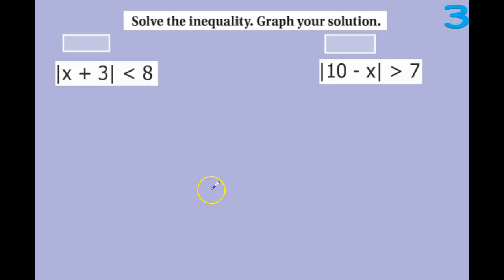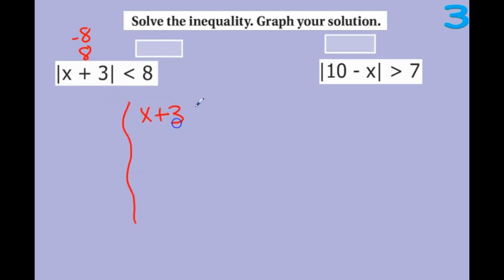Now we're going to go ahead and solve some, the same way we did with equations. Anything that goes in here has to be equal to +8 or -8, so let's write this two times. We have x plus 3 is less than 8, just like it is. We also have x plus 3, and we want to set it equal to a -8.